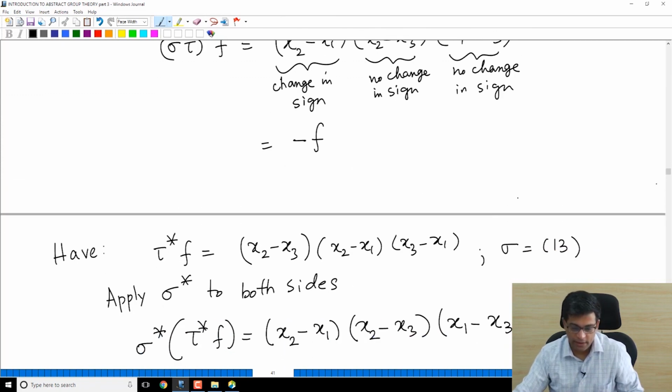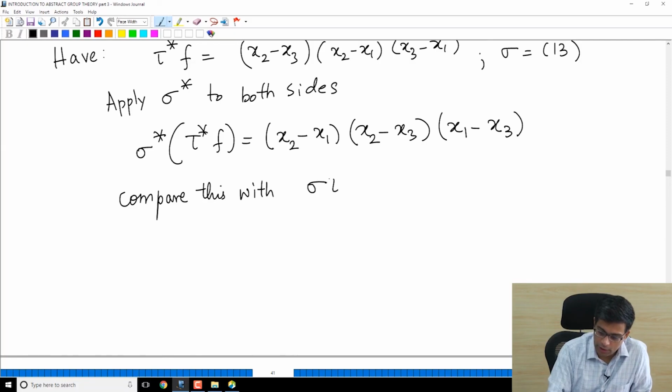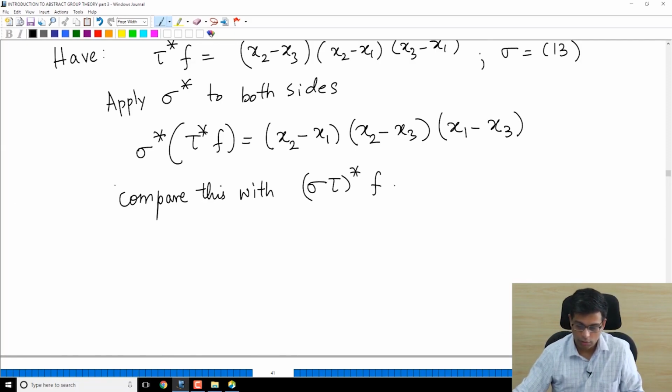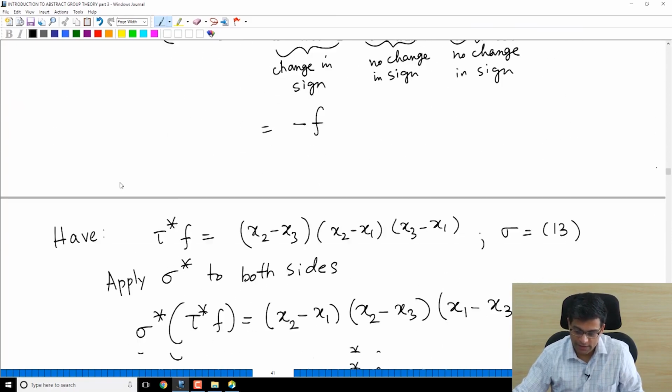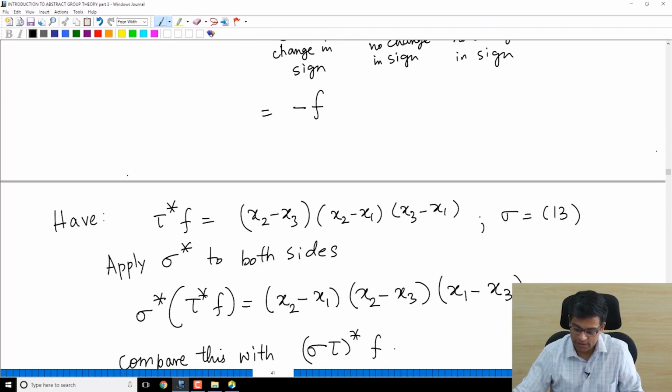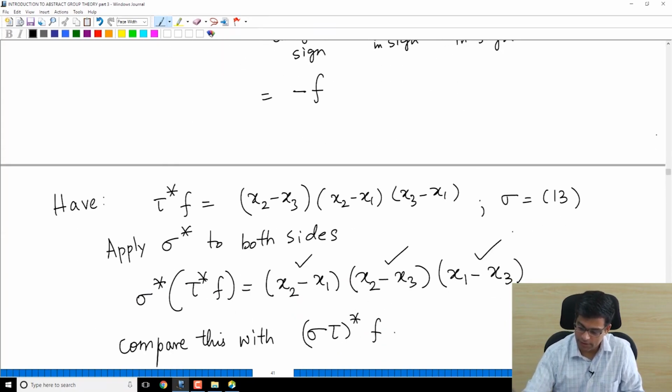And if you now compare this with sigma tau whole star f, let's compare them both. We have x2 minus x1, x2 minus x1, x2 minus x3, x2 minus x3. So this term is common, this term is common, and we have x1 minus x3 and x1 minus x3.